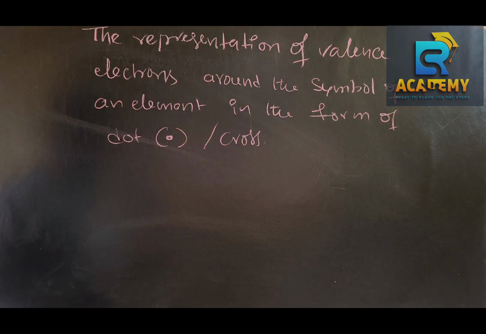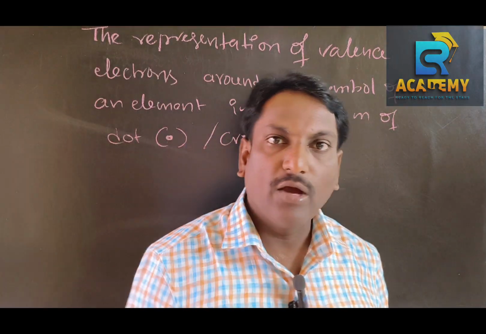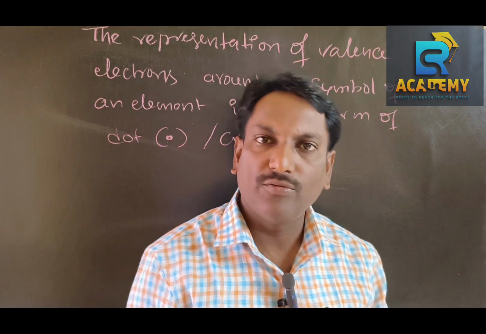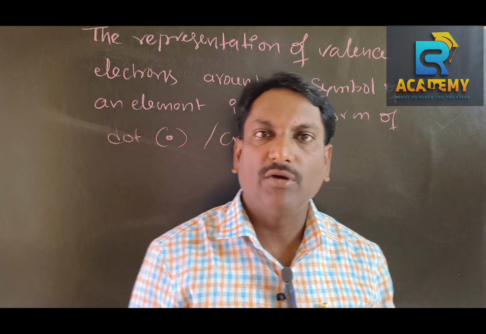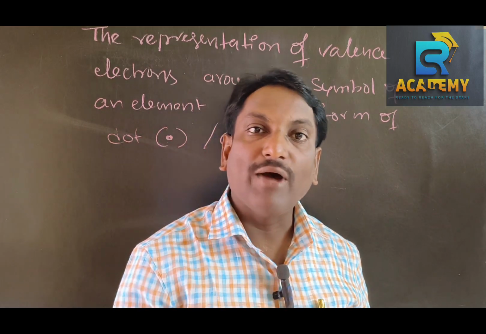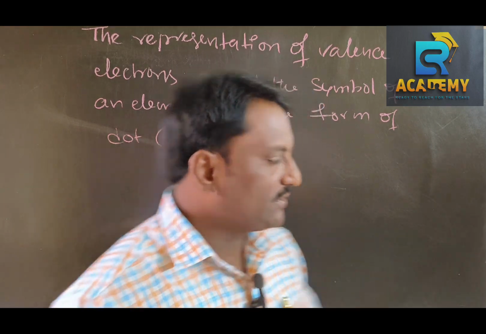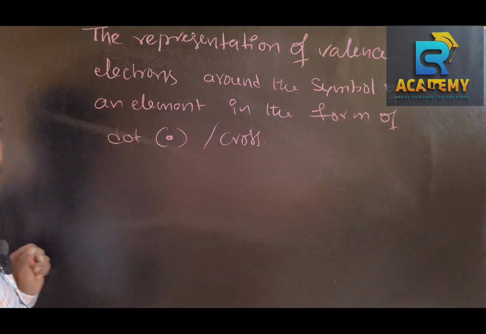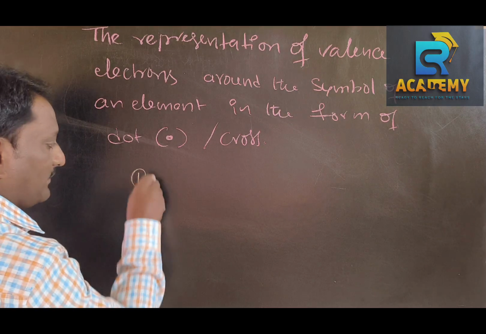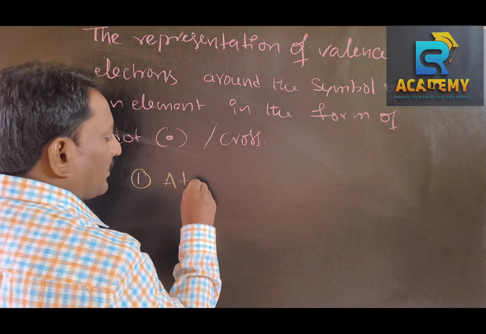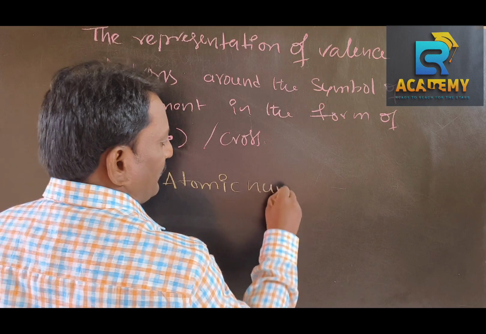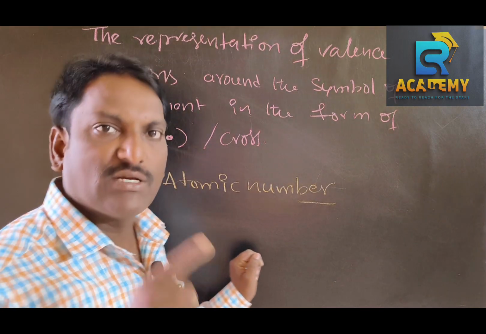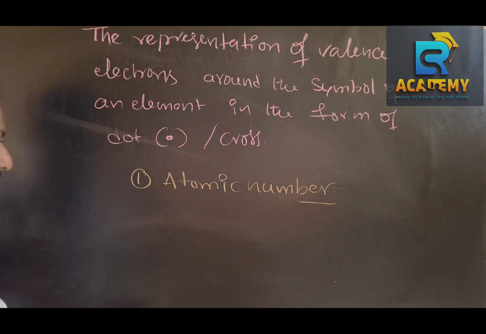To write Lewis dot structures, we have to know 3 points. Please make a note. Point number 1, atomic number. If you want to write the Lewis dot structure of any element, you must know the atomic number of that particular element.